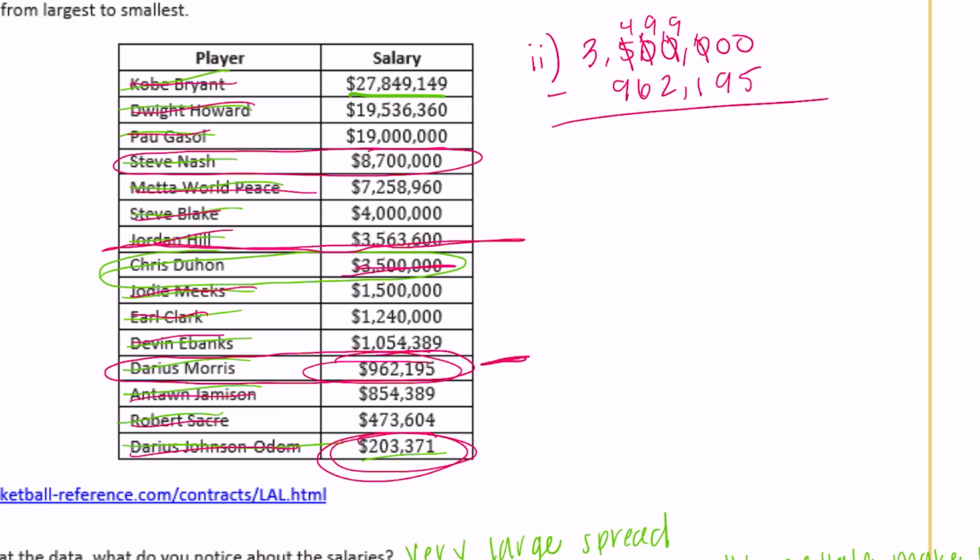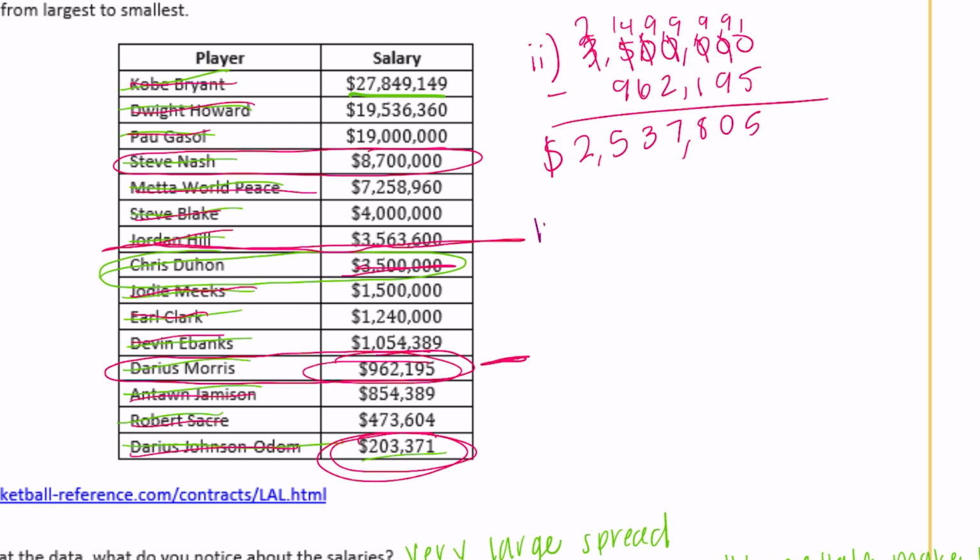It's a lot of borrowing. 10 minus 5 is 5, 9 minus 9 is 0, 8, 7, 3, I'll borrow again, 14 minus 9 is 5, and then we do. So $2,537,805.